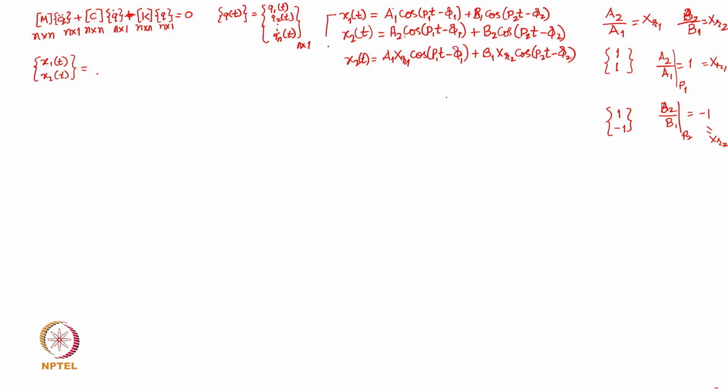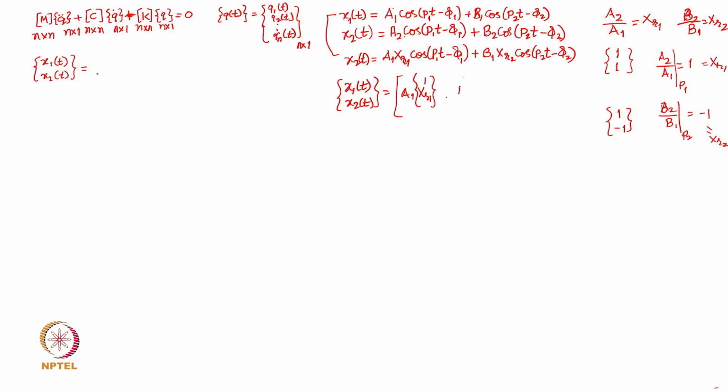Now, I can use these two equations x1(t), x2(t) equal to a1, and I can use this xr1 as the mode shape, first mode multiplied by a1 as a constant, and that basically is your first column here.